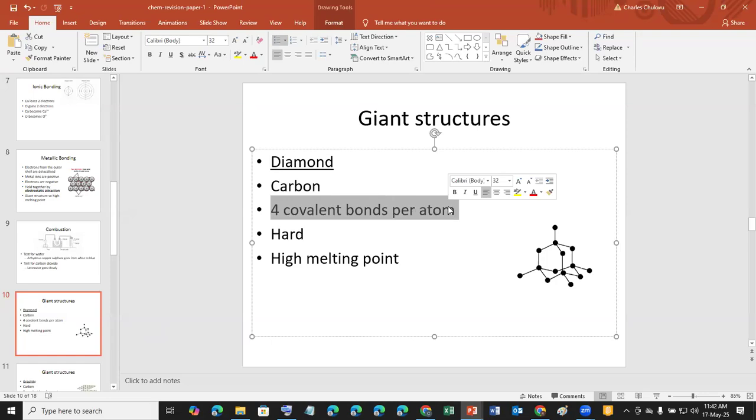You remember that we saw that from methane, CH4, it has 4 to share. And it's hard because of those bonds between the layers, and it has a high melting point.